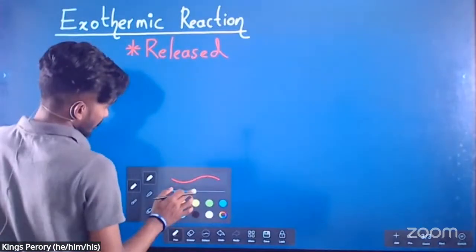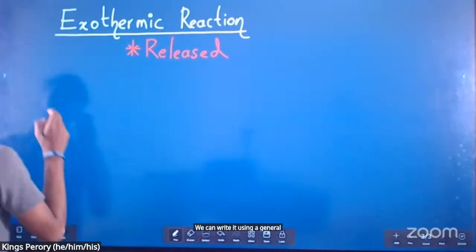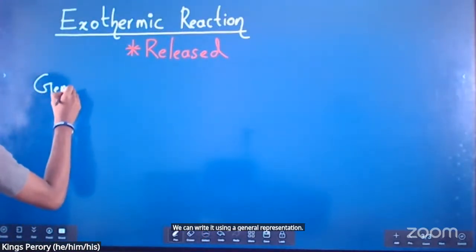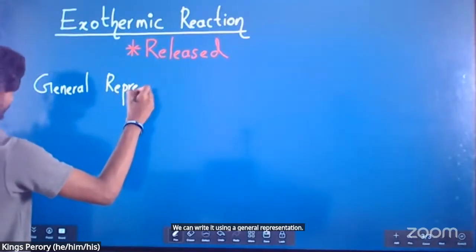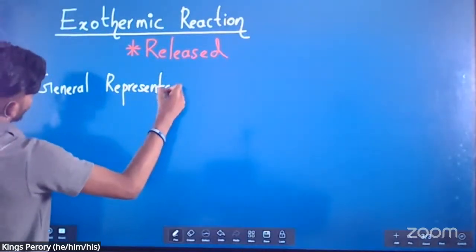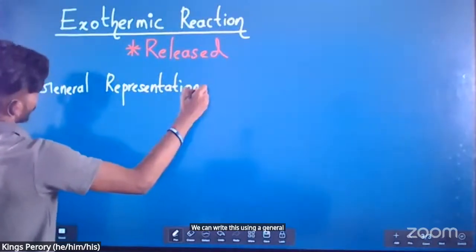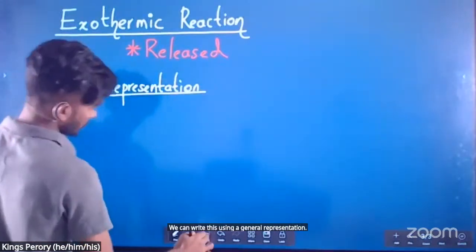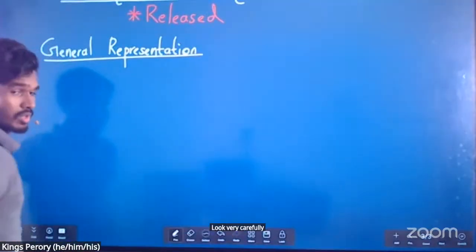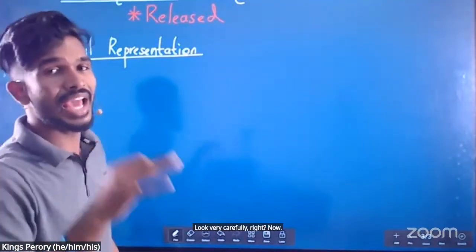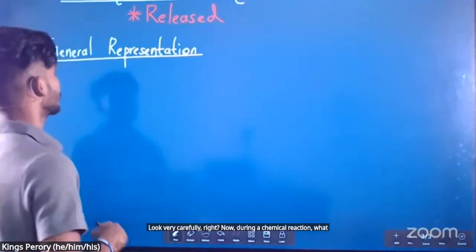We can write it using a general representation. Look very carefully. Now, during a chemical reaction, what happens?